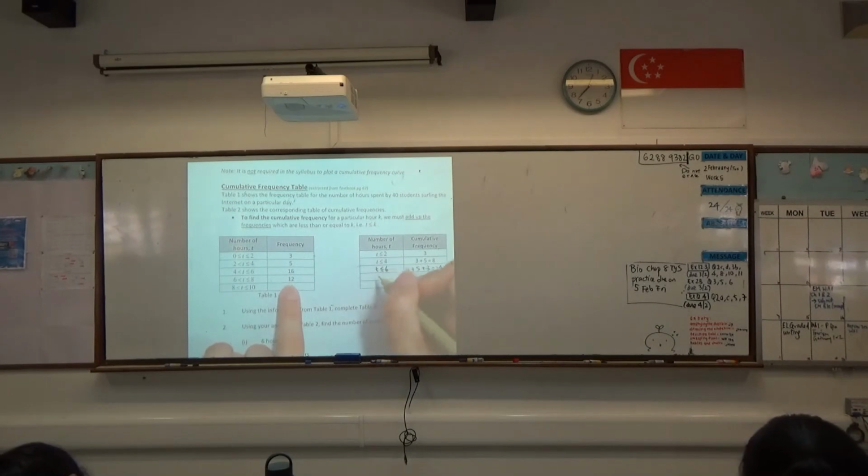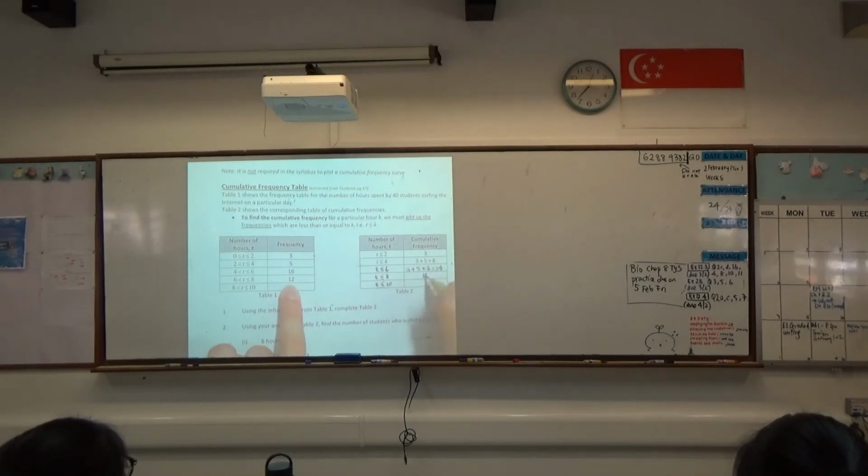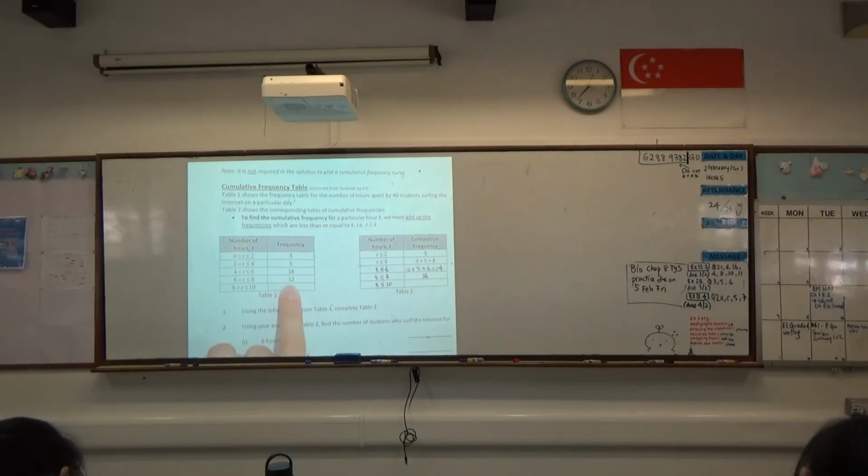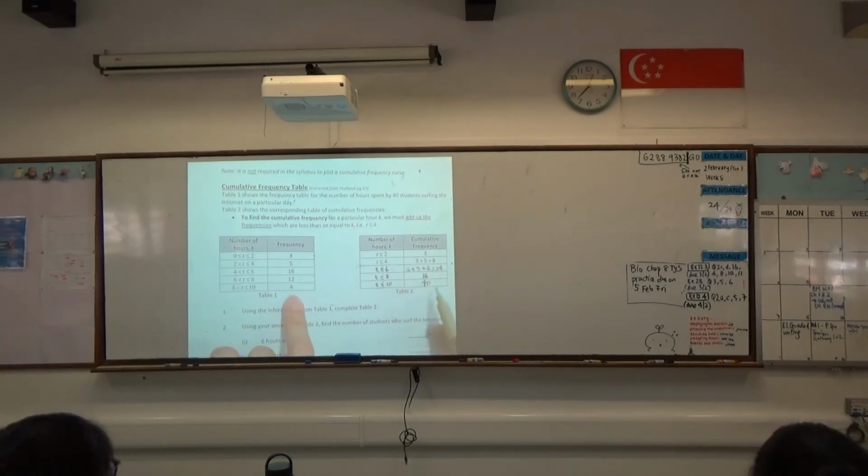Then in the next row, we have t less than or equals to 8 and t less than or equals to 10. So less than or equals to 8 will be 12, 16, 5 and 3, and that will give us 36. And lastly, we have 40, if I were to add up the 4 as well.